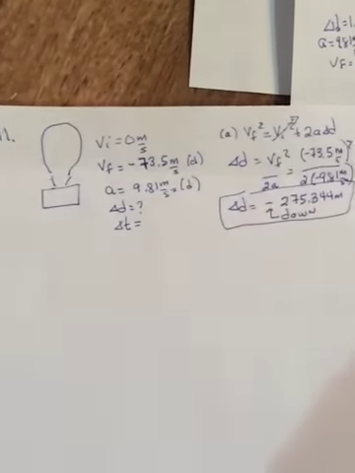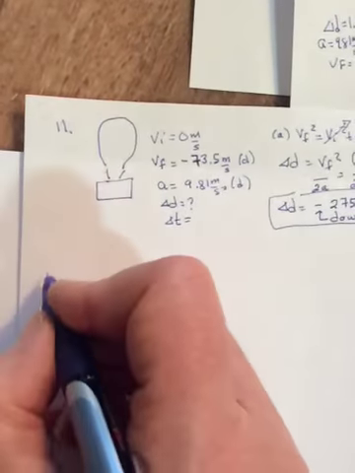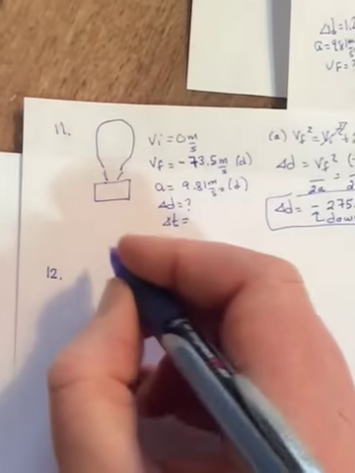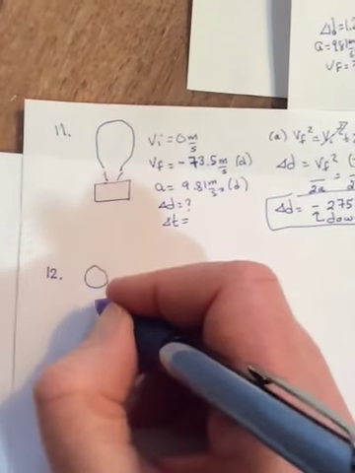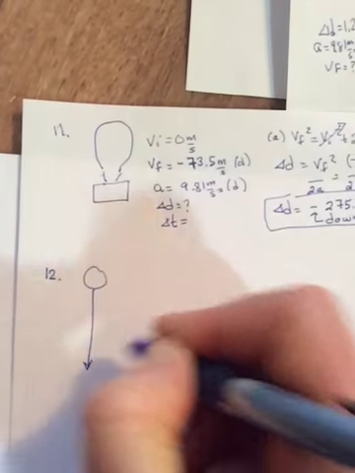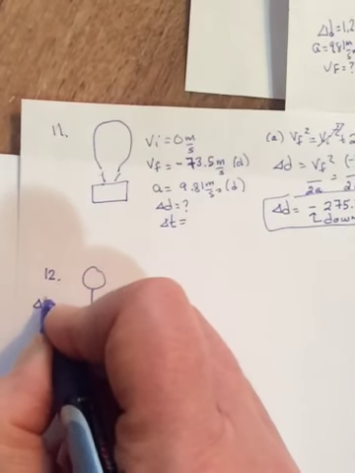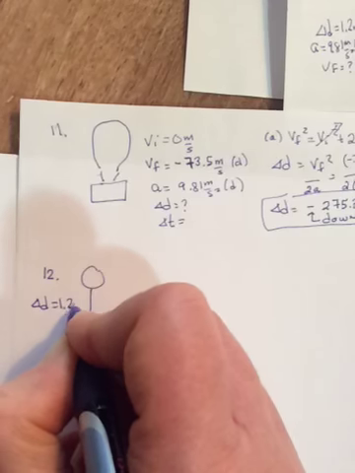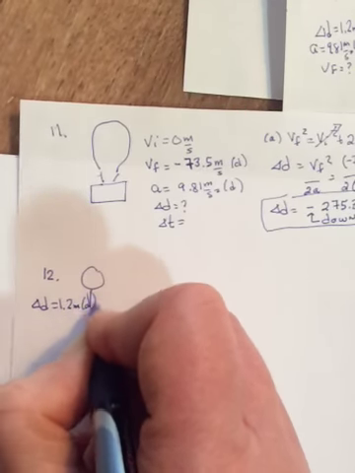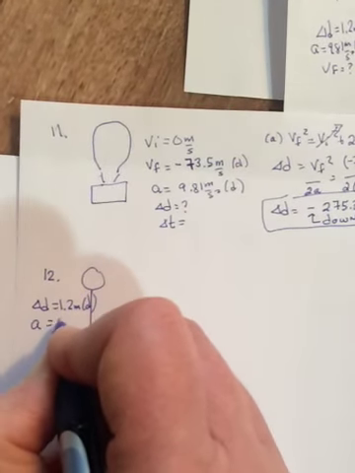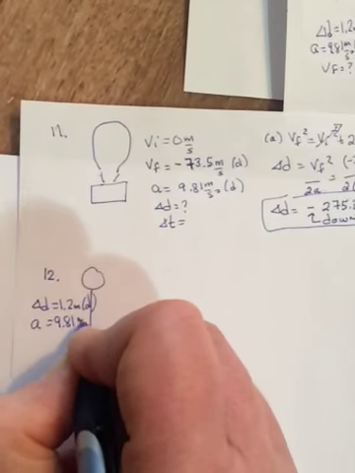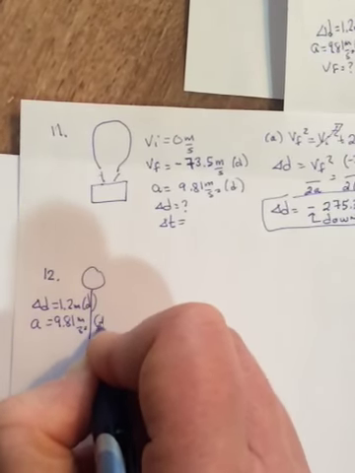Number 12, you have a tennis ball, and you're dropping it. So it's falling down. Delta D is 1.2 meters down. A, of course, is 9.81 meters per second squared, also down.